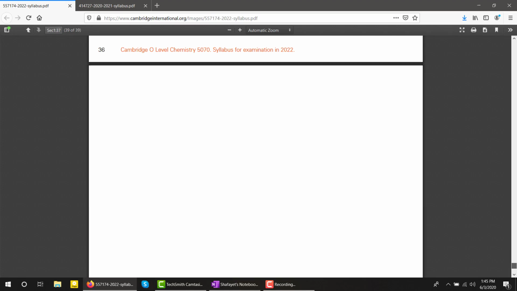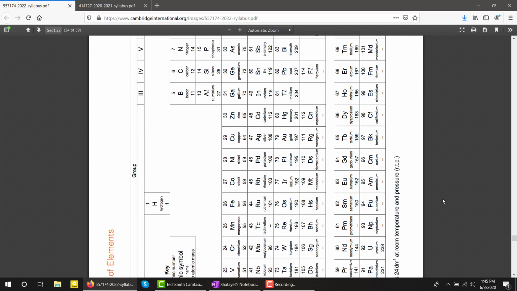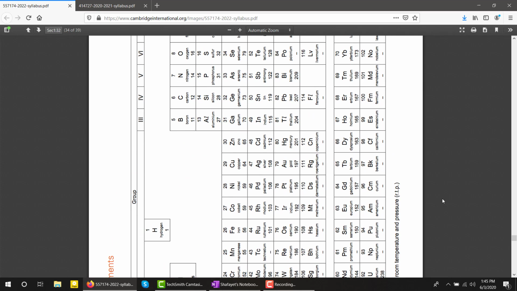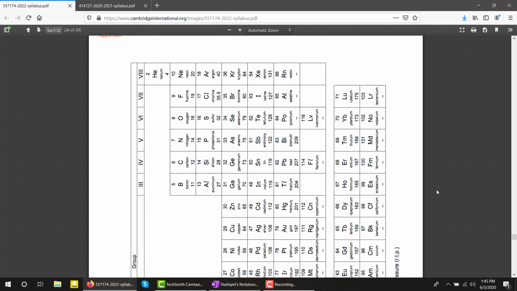Do we have a periodic table here? There's supposed to be a periodic table here. There we go. Oh boy, it's tilted, so I hope you'll take the effort of tilting your head and reading it out.